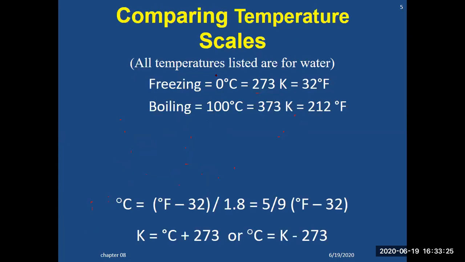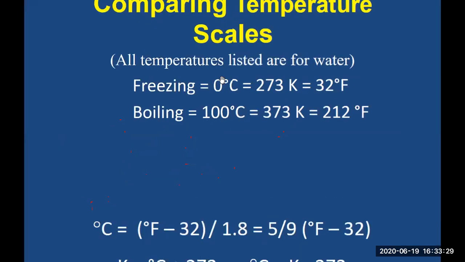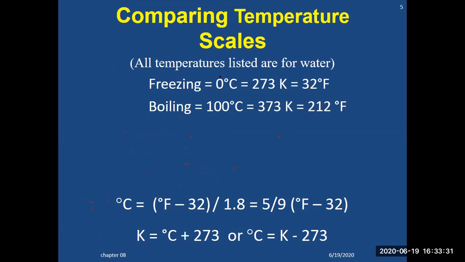So comparing temperature scales, these are all the temperature scales listed. Number one, this is the freezing point, that is 0 degrees Celsius, and it is 273 K, and it is 32 degrees Fahrenheit in case of the Fahrenheit scale.